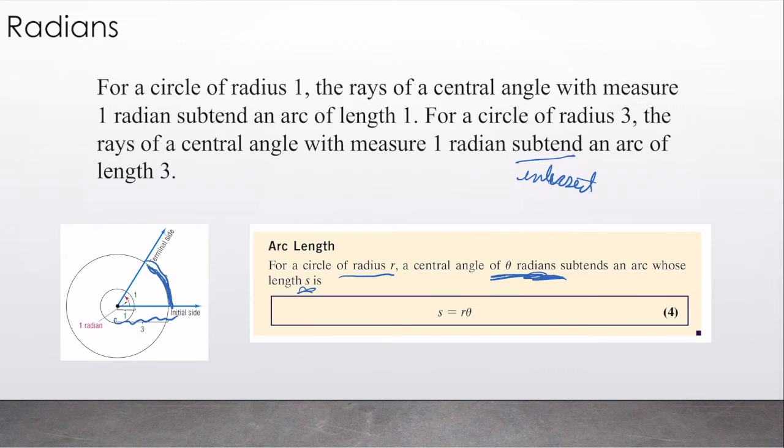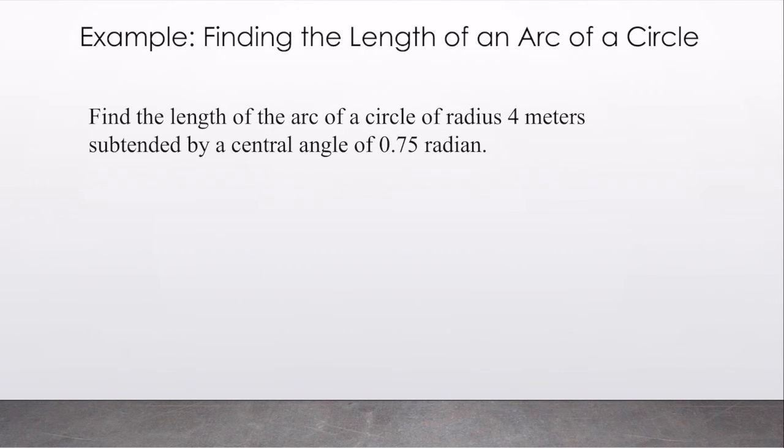So why don't we practice calculating the arc length of a circle? I'm going to find the length of the arc of a circle of radius 4 meters, subtended by a central angle of 0.75 radians. So S equals r theta, where theta is in radians.